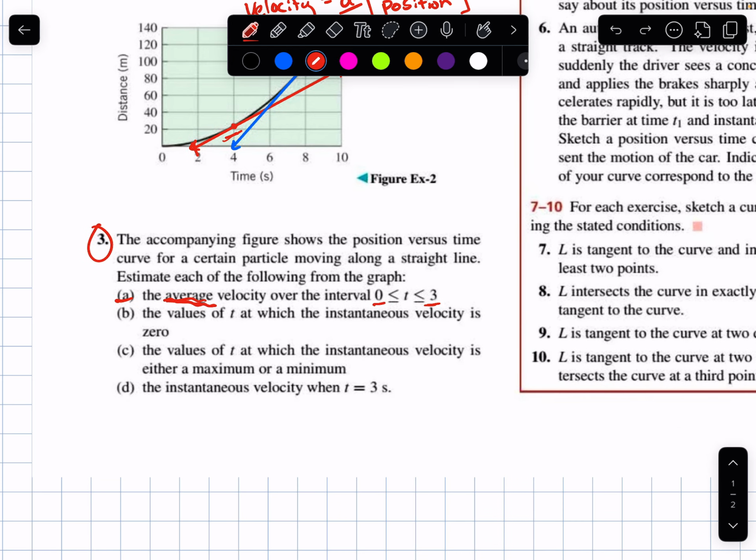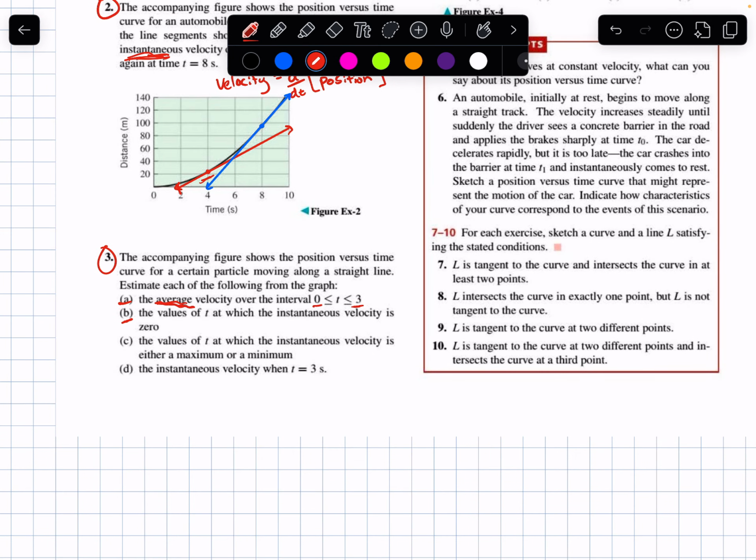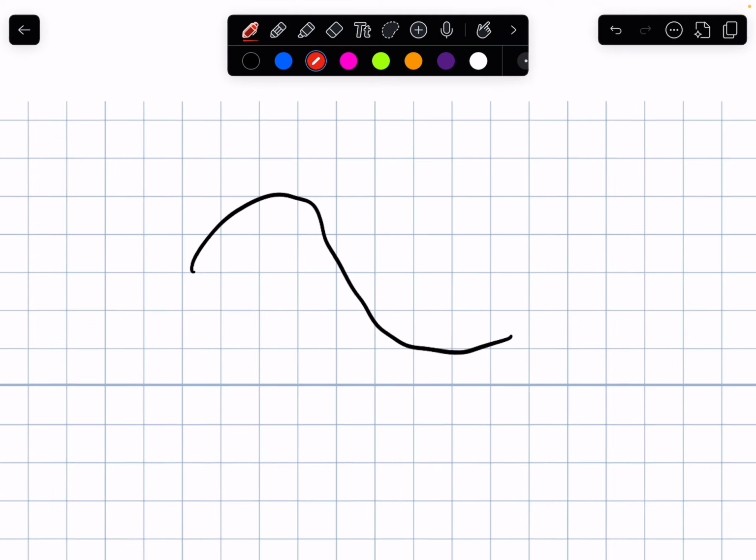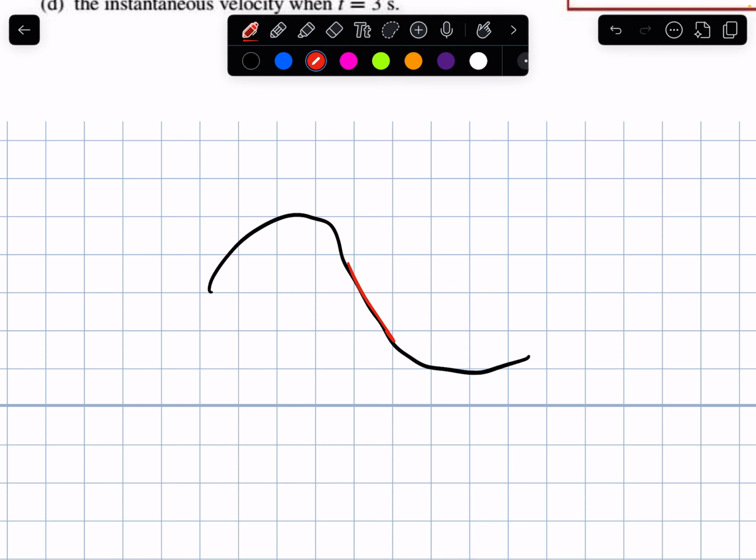Now for B, we want the values of t at which the instantaneous velocity is 0. Okay, so let's think about this from a graph standpoint. If I have a graph like here, let's say I draw a tangent line over here. The instantaneous velocity is going to be the slope of this tangent line right here. So obviously this slope is not 0, but the slope is 0 right here.